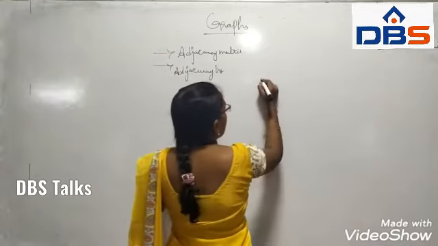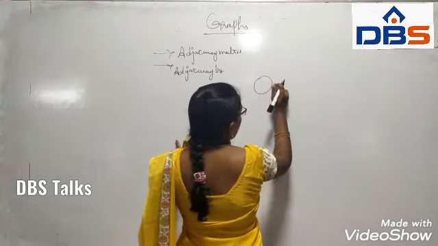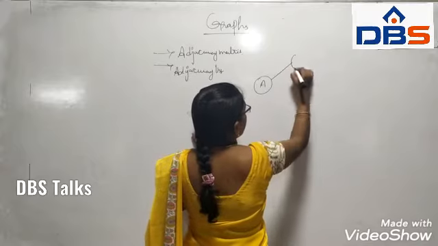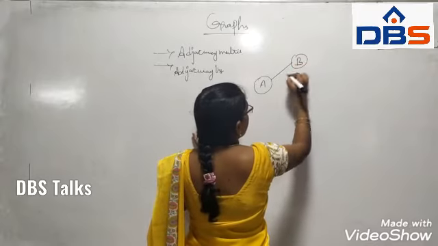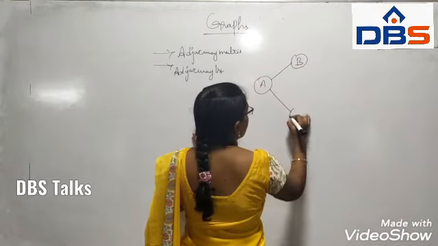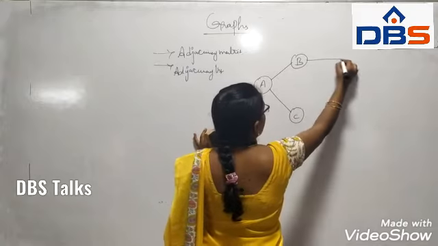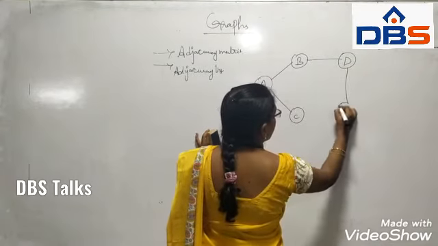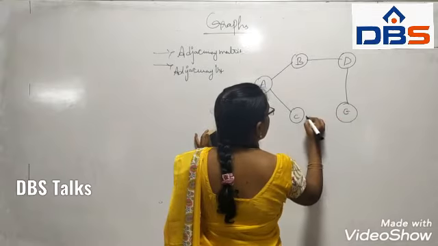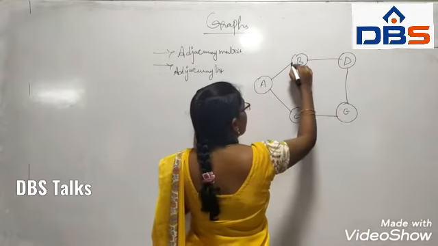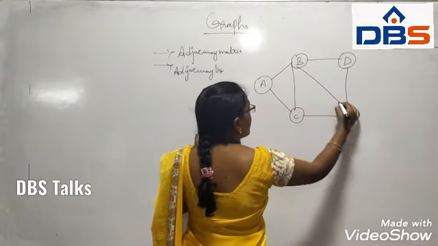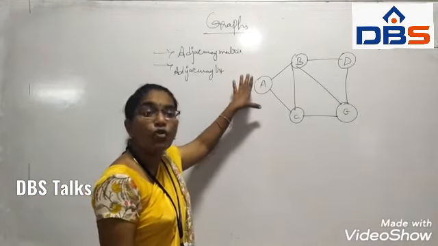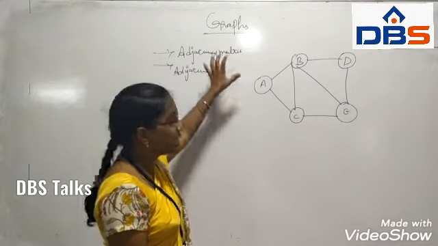Let us take the example of this graph. Let us see how we are going to represent this graph using the adjacency matrix.